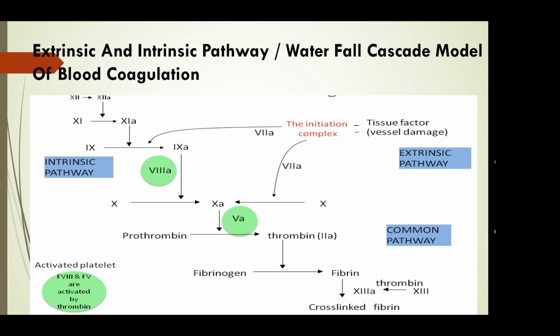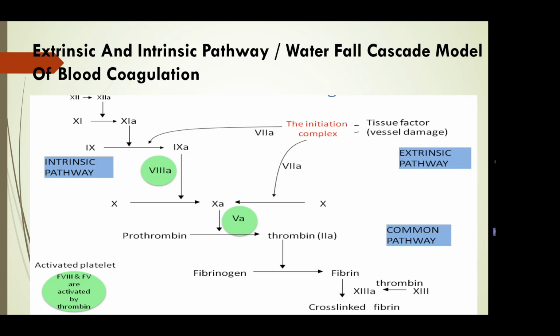This description of extrinsic, intrinsic, and common pathway is used extensively to interpret in vitro laboratory testing and to identify factor deficiencies. However, it does not adequately describe the complex interdependent reactions that occur in vivo.